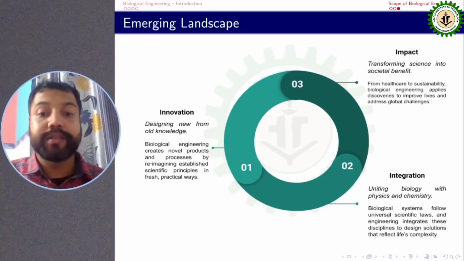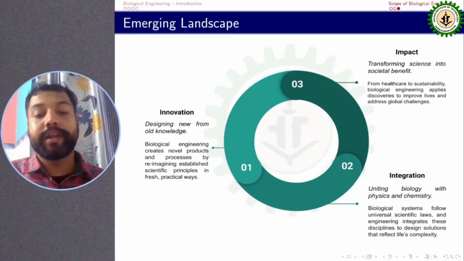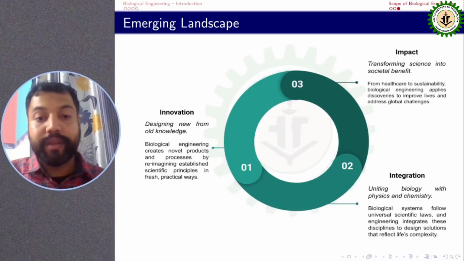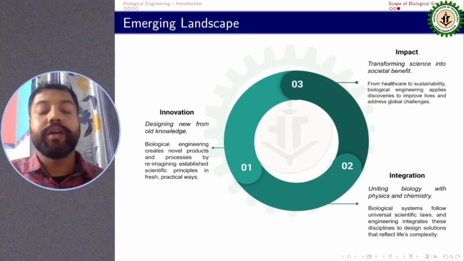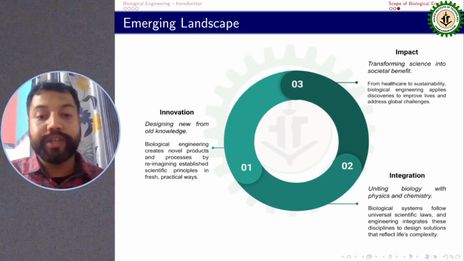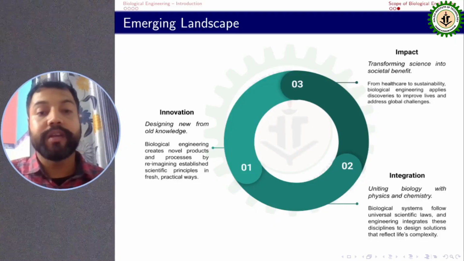The personalized medicine is becoming more feasible. Sustainable biomanufacturing is expanding. The convergence of biology and robotics is one of the emerging fields, and education itself is adapting to these interdisciplinary needs.